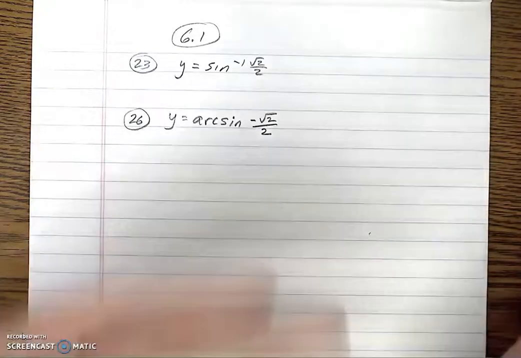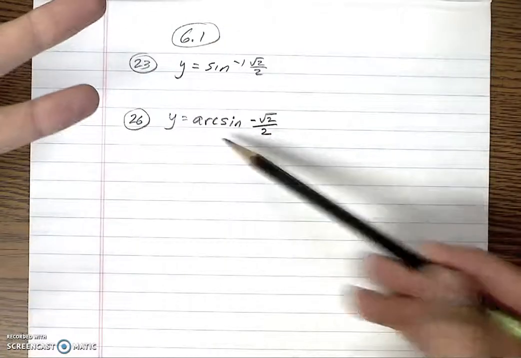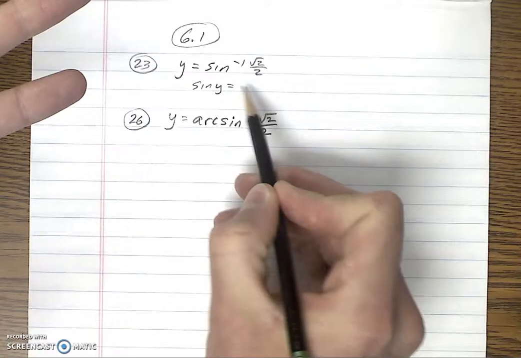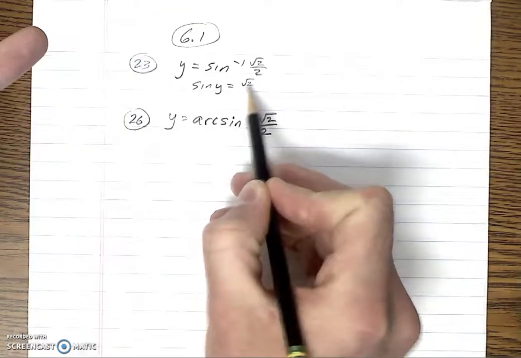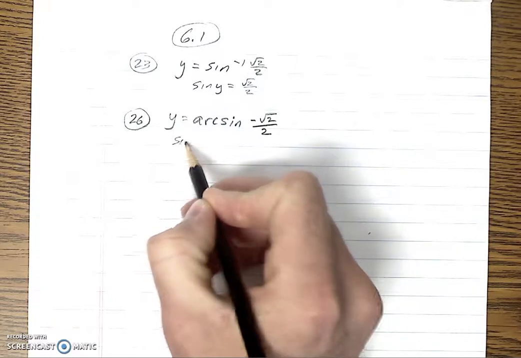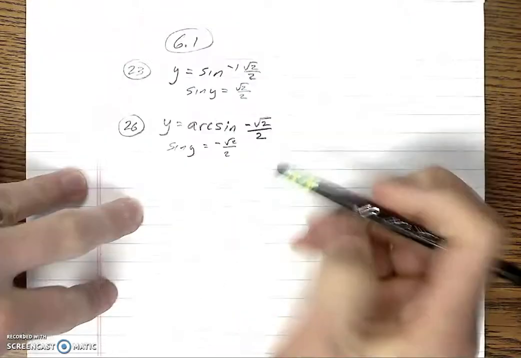We can use a hand trick. So the hand trick would say, well, sine of our angle, so sine of, in this case, y, is the square root of 2 over 2. And it would say the sine, in this case of this y, is negative square root of 2 over 2. All right?